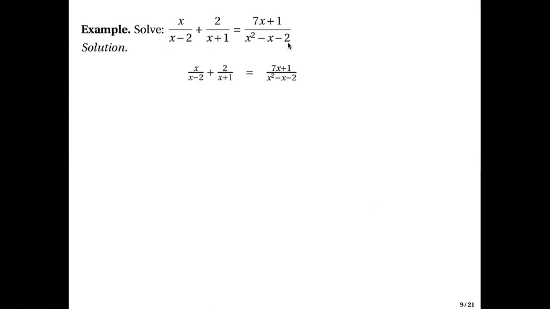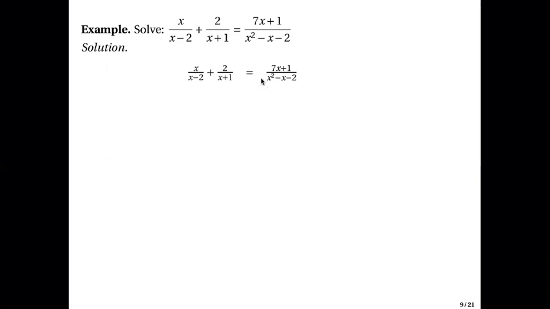So these are actually rational equations. But as we shall see later, these expressions here can be transformed into an equivalent quadratic equation. Okay?